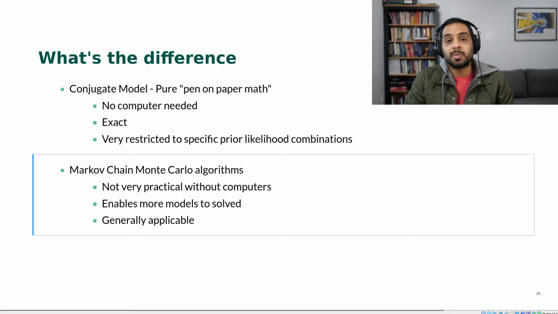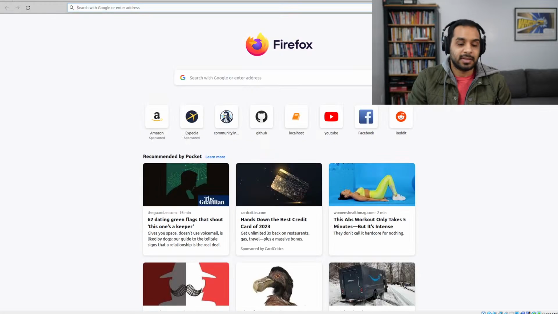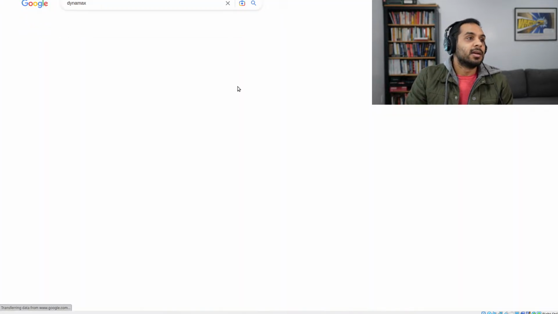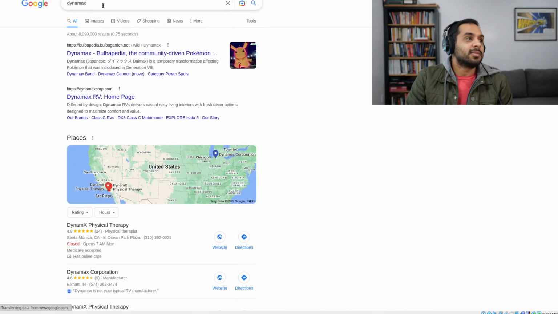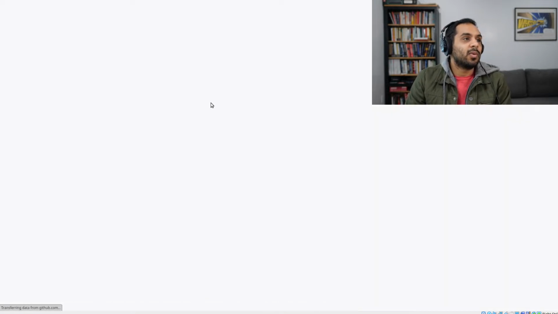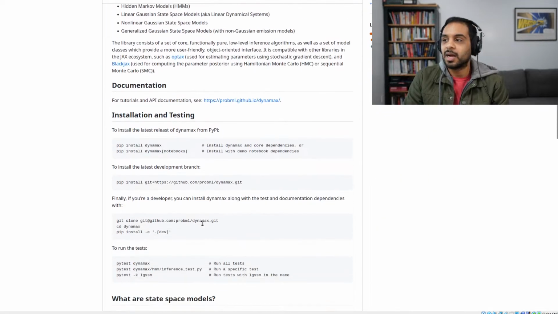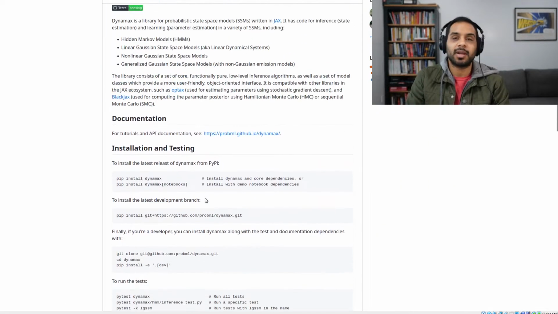The reason I bring this point up is that one very interesting thing about this book club, and in particular Dynamax, if I pull it up, is I'm very interested in what was possible with state space models with, let's say, conjugate pen and paper solutions that we're going to read in the book through mathematical formulas and doing things by hand.